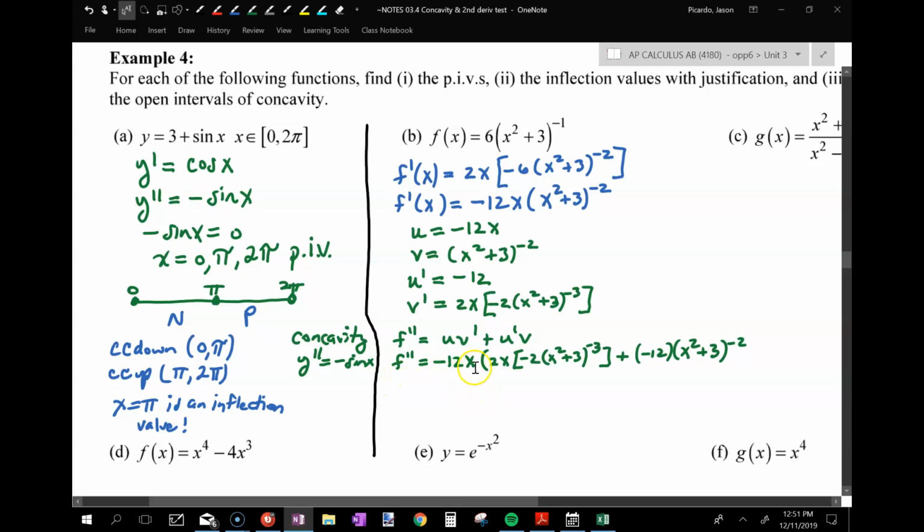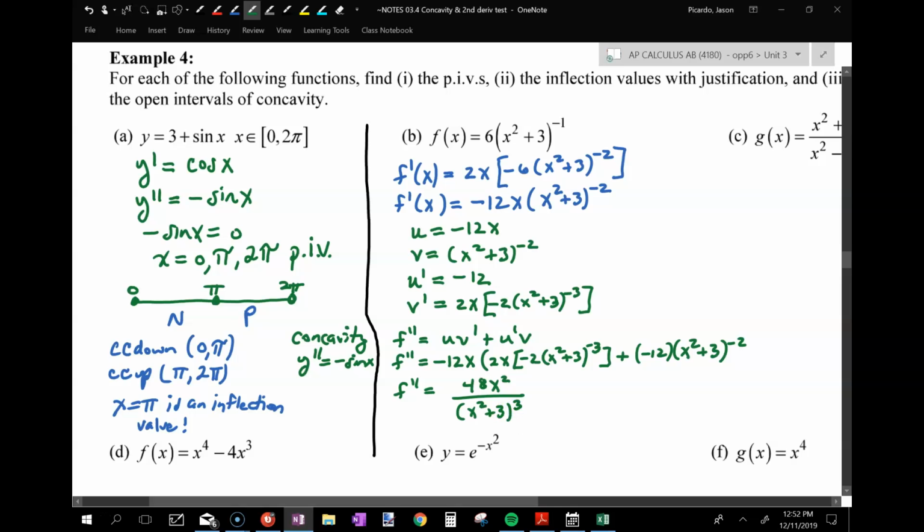So I got negative 12x times 2x times negative 2. That's 48x squared. And this is to a negative power, so can I put that in the denominator of a fraction? That seem okay? So I'm going to rewrite this as, so I got 48x squared over that.